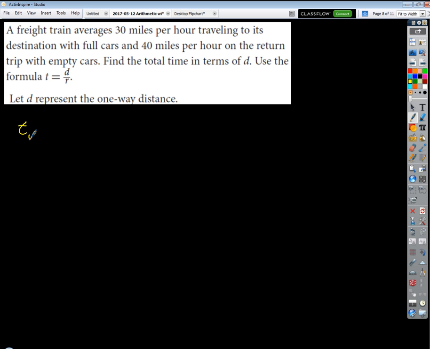Let's call that T1. And that's just going to be D, our distance, over 30, right? We'll call T2 the time coming back. What's that? D over 40. So then total time is just going to be the sum of those two times, isn't it? Right?